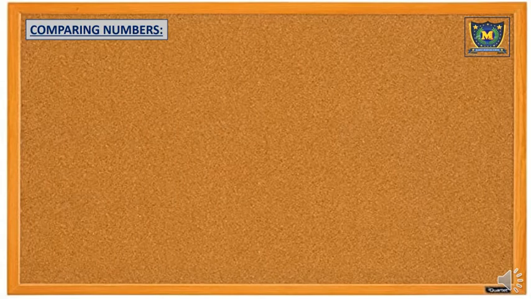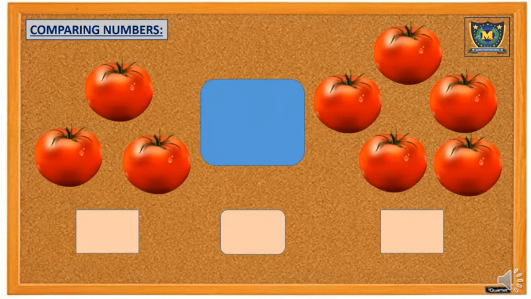Now let's have another example. So we have here tomatoes. Oh, I love tomatoes. Okay, now on the left side we have here 3 tomatoes. And on the right side we have here 5 tomatoes. Now the two numbers being compared here is 3 tomatoes and 5 tomatoes. Now what is 3 tomatoes compared to 5 tomatoes? Okay. Now the answer for this is this one.